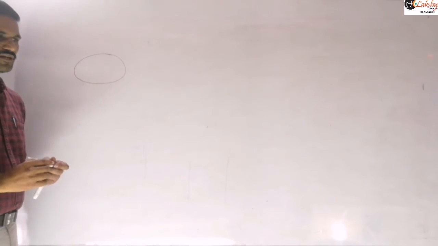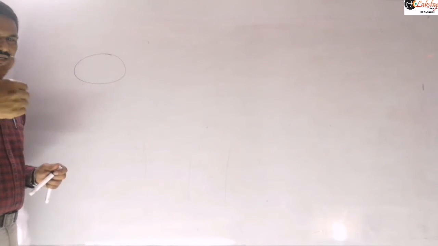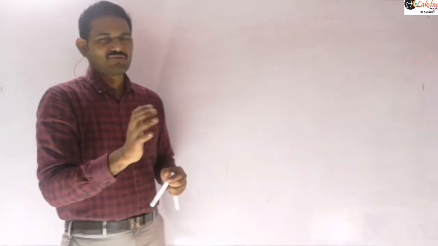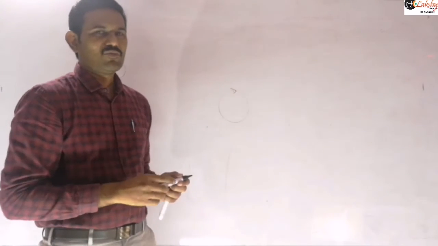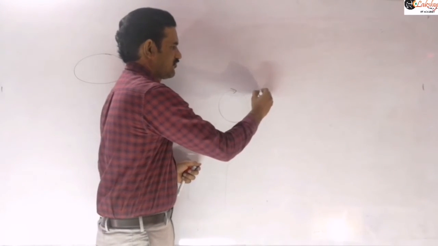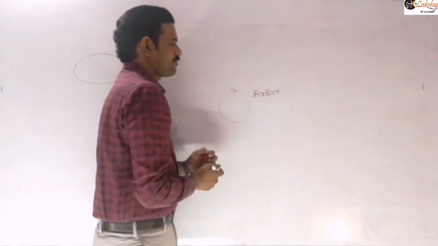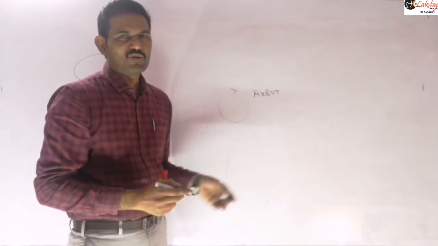Simply remember that the magnetic moment direction we can easily find just by applying the right hand thumb rule. I will discuss it later, and here also the direction is required. If current is flowing in this loop like this, the magnetic moment M bar direction matters because we are writing the torque as M bar cross B bar. So we need to identify the angle between M bar and B bar.